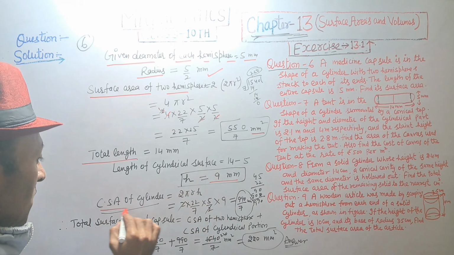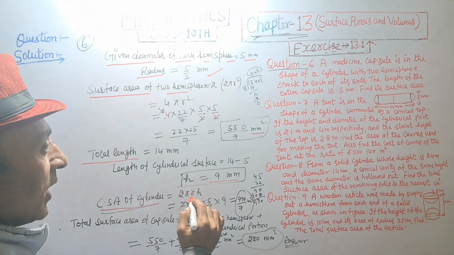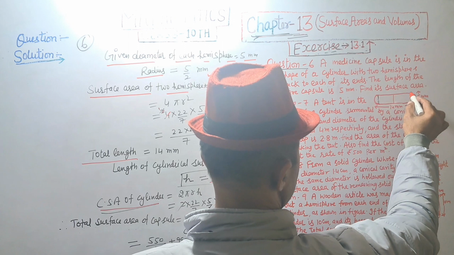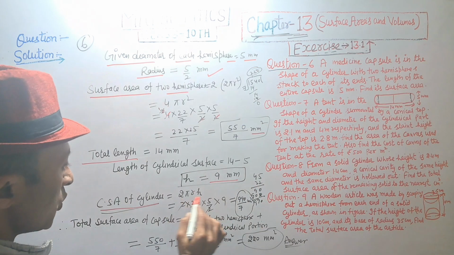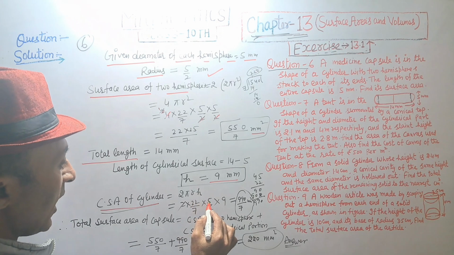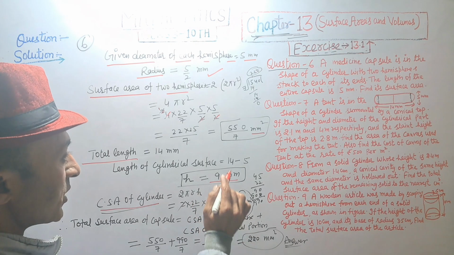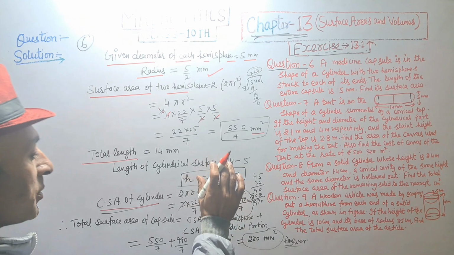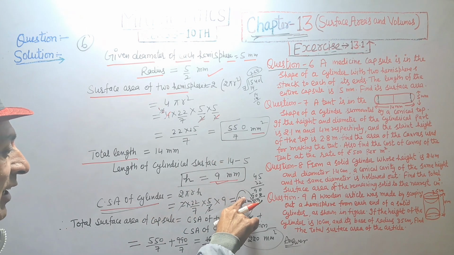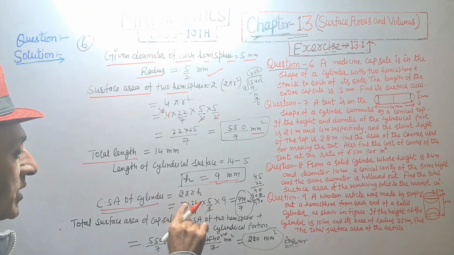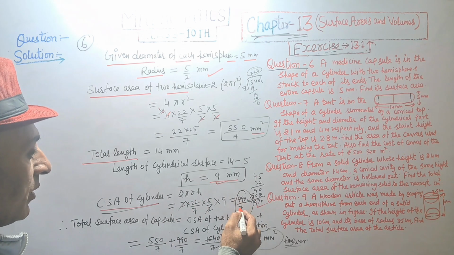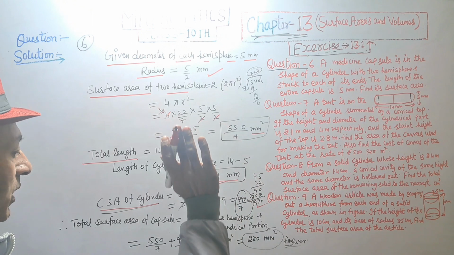And curved surface area of cylinder is 2 pi r h. 2 into 22 upon 7 into 5 upon 2, and h is the height of the cylinder, that is 9 millimeter. Putting it here we get 990 upon 7. 2 is cancelled. 45 multiplied by 22, we get 990 divided by 7 millimeter square.